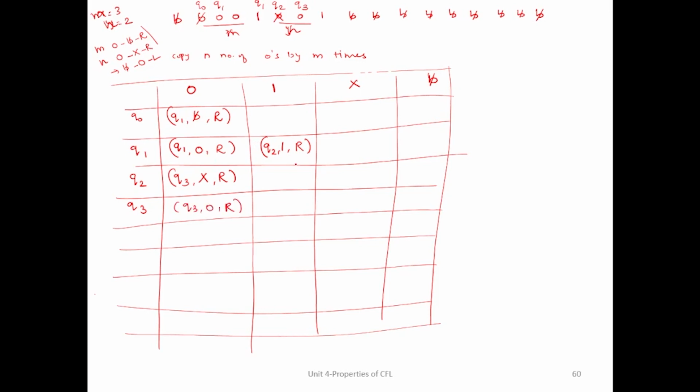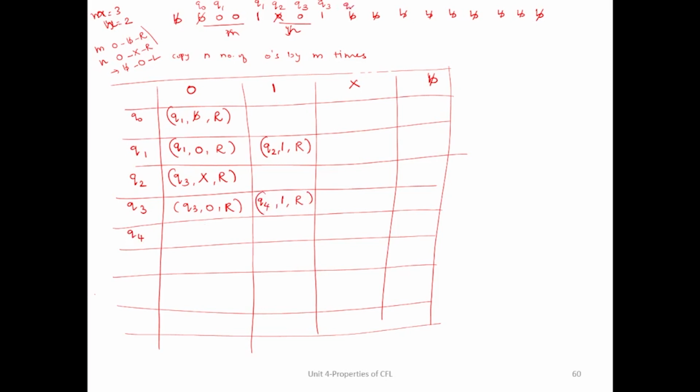After that, 1 will occur. So if Q3 reads 1, you only move to the right direction. I stay in the same state because it's not necessary to differentiate the value. If you want, you can change the state. So if 1 is read, you go to the right direction with the new state Q4.